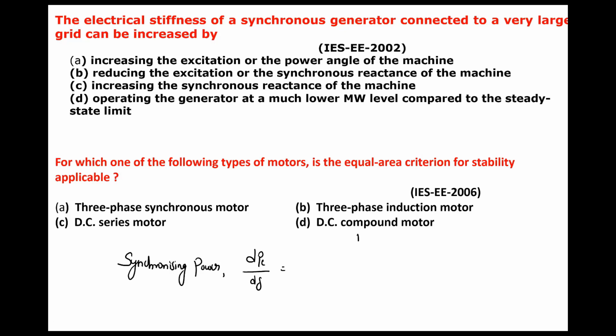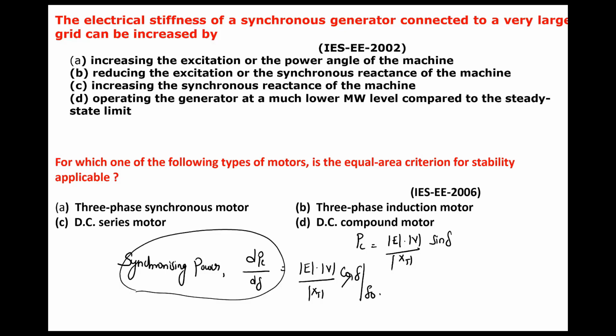So if Pe is equal to mod E into mod V divided by mod Xt into sin delta, dPe by d delta will become mod E into mod V divided by mod Xt into cos delta. Okay, so at delta naught value, synchronizing power or electrical stiffness means this is the quantity.